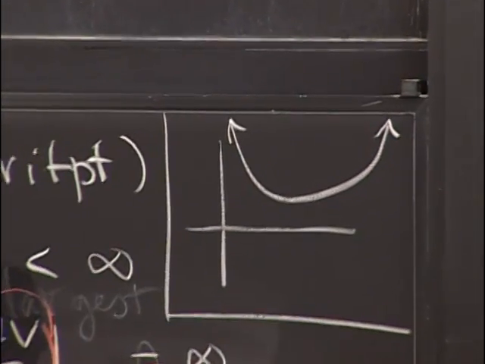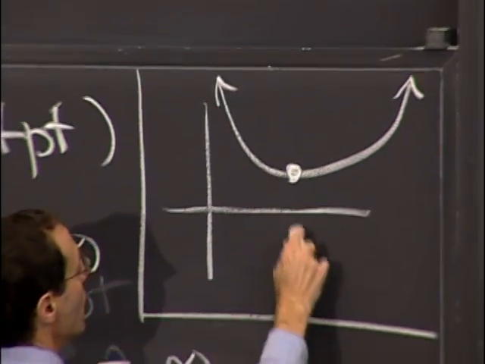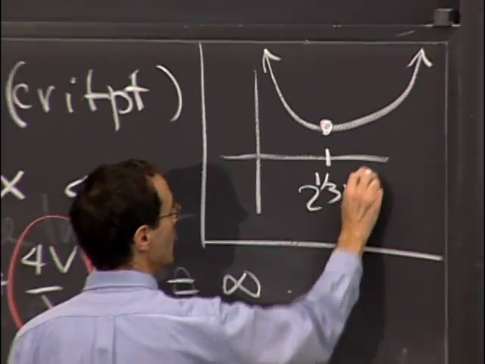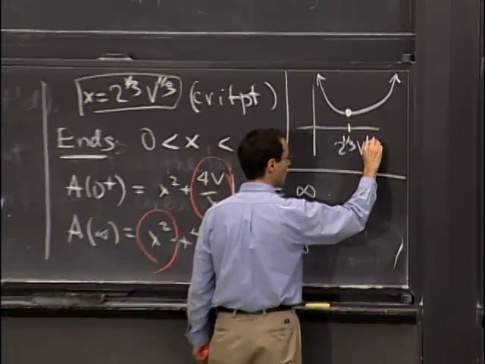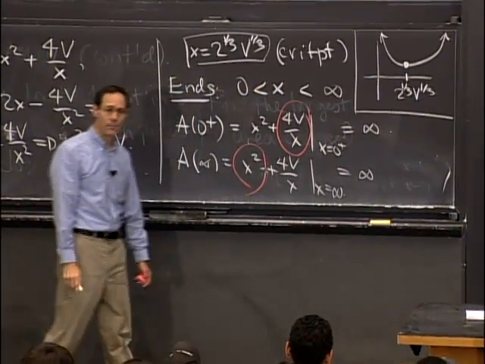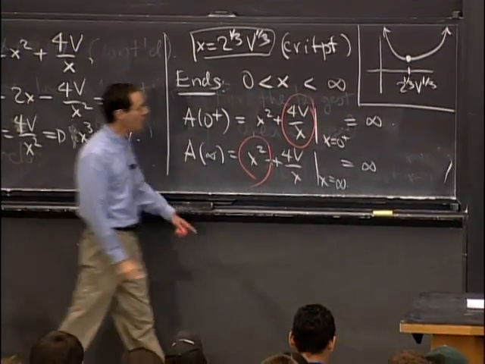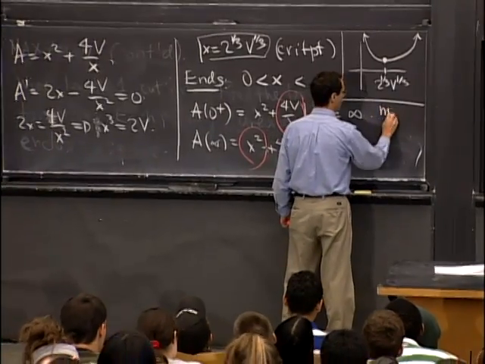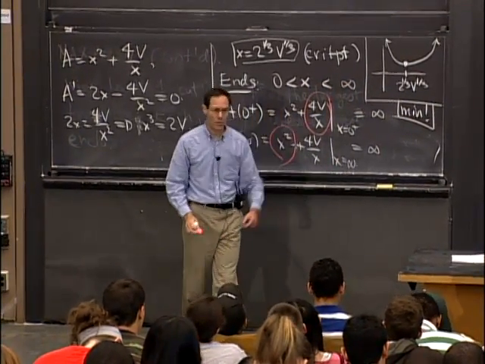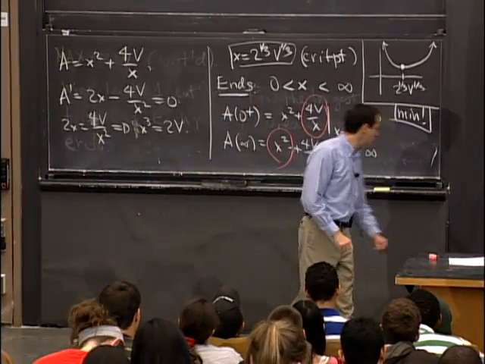All right? And so when we find that one turnaround point, which happened to be at this strange point 2 to the 1/3, sorry, v to the 1/3, that is going to be the minimum. All right? So we've just discovered that it's the minimum, which is just what we were hoping for. This is going to be the optimal box.